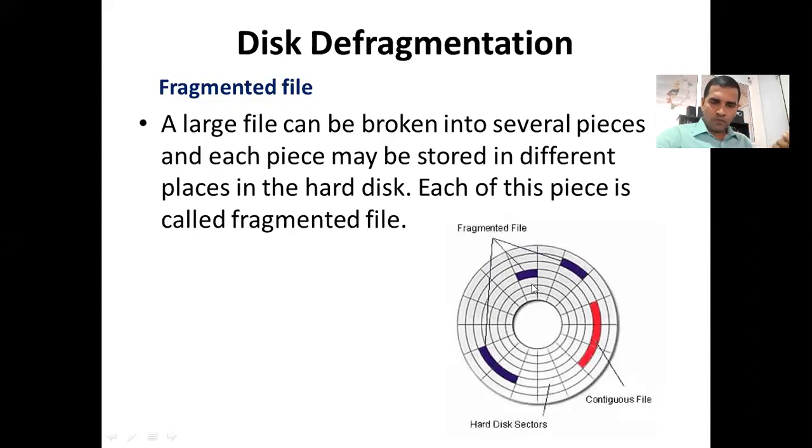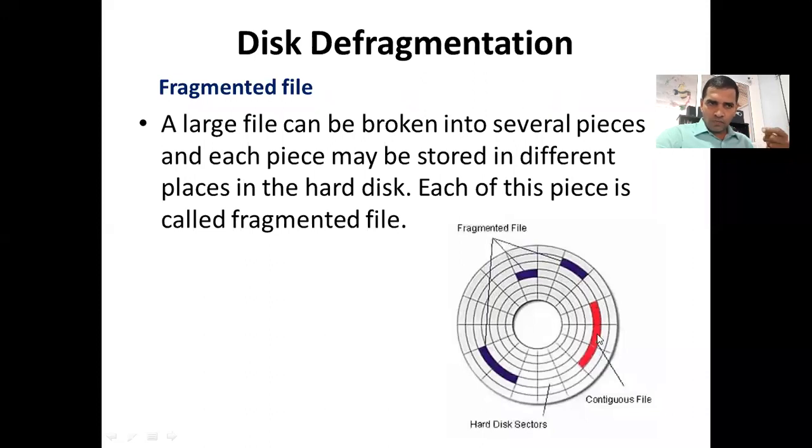So here we have a fragmented file where the pieces of a file are scattered. We need to reduce the fragmentation and rearrange them. This process is called defragmentation. Once the files are defragmented, they look like this one. Look at the yellow color one.